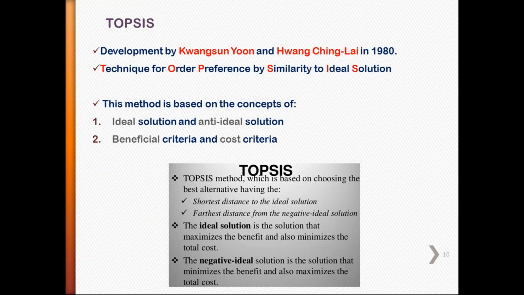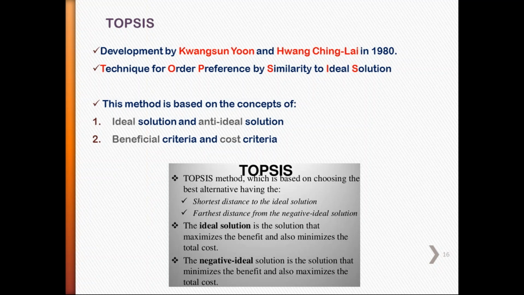Based on these two distance measures, you compute a relative closeness for individual alternatives. That relative closeness is nothing but the single performance index, which replaces multi-criteria. And finally, based on the value of that closeness coefficient, that is the single index, we can select the best alternative. So the question arises, which alternative is to be selected?